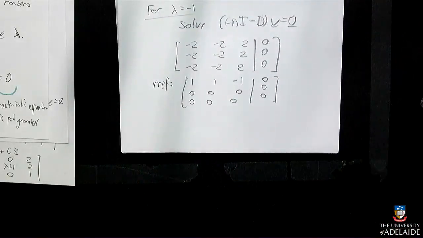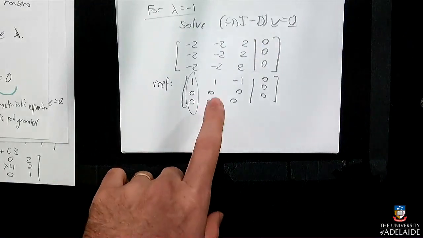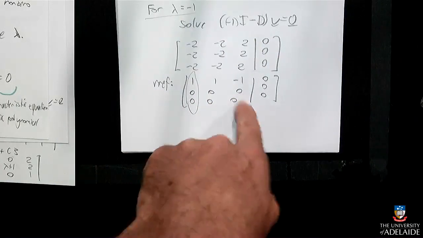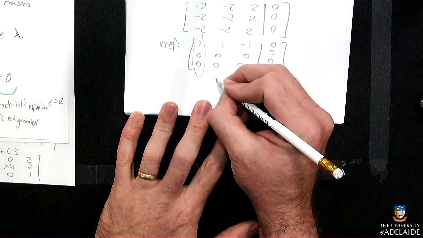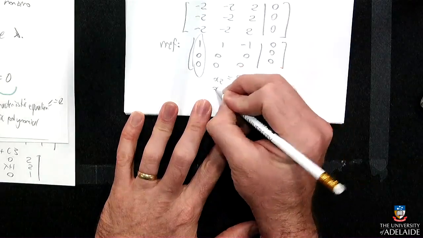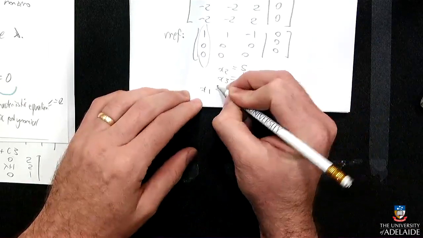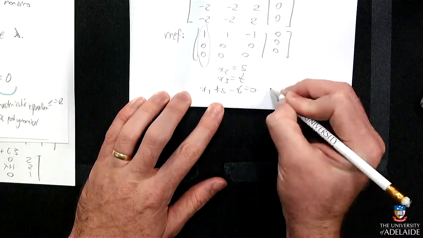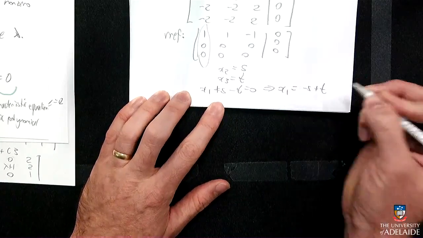All right. And so I would put in the free variables. And so I see that there's a good pivot column just here. And I could give a free variable to both this variable and that variable. So I would say something like x2 equals s and x3 equals t, and then x1 plus s minus t is 0, which means x1 is minus s plus t.